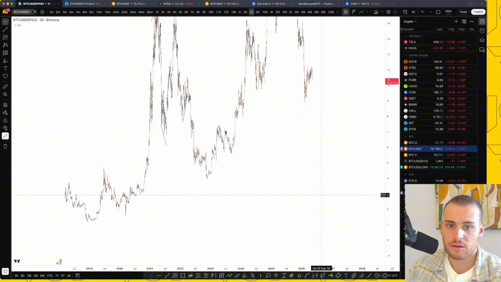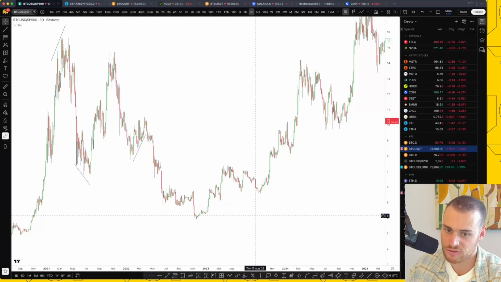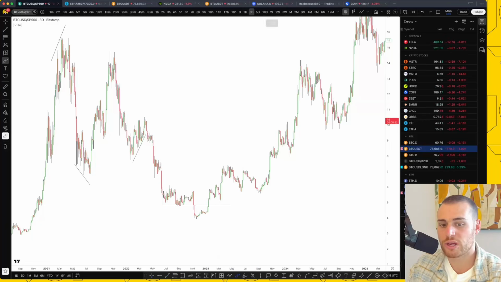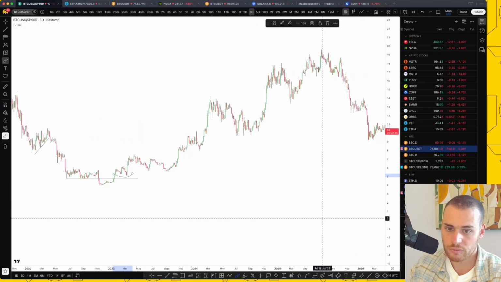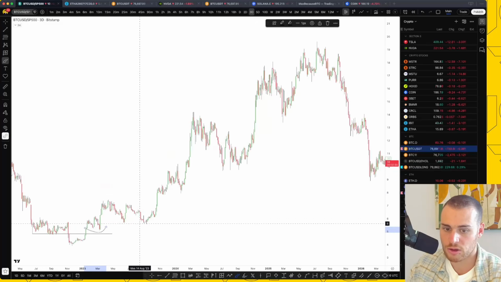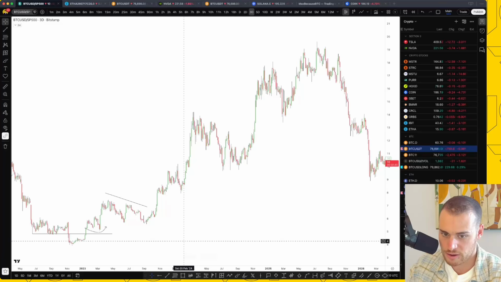Okay. Now looking at the very bottom last cycle, this was just a range, right? But we ended up having FTX and then we deviated that. And upon this reclaim, that was pretty solid confirmation that we were going to be at the bottom. Progressing through the cycle, they walk it lower to send it higher.